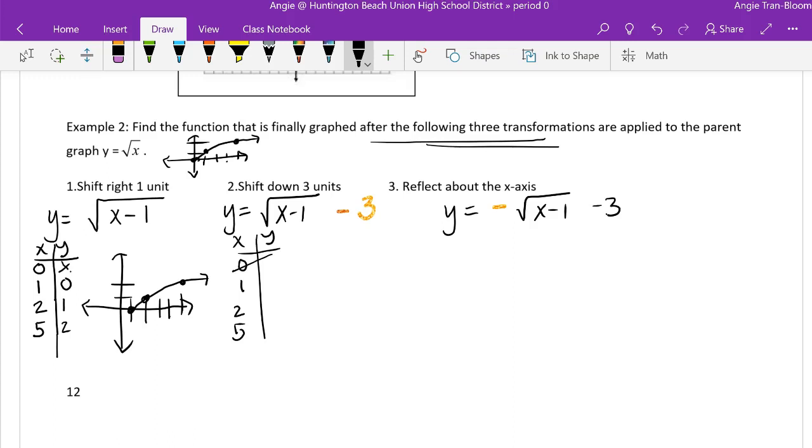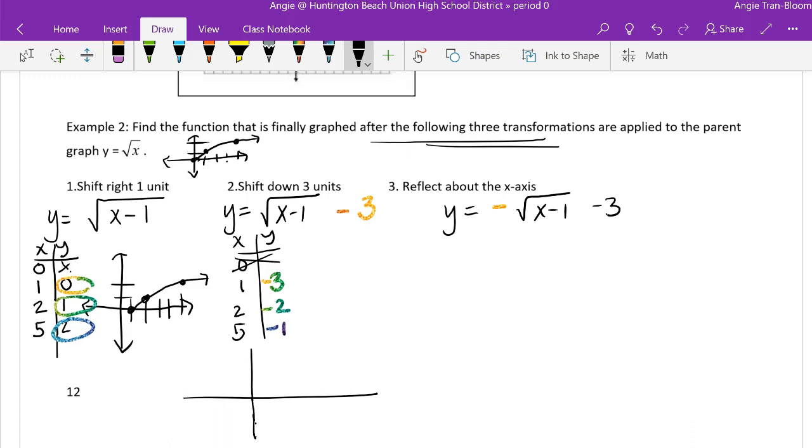Now these are the outputs, but now I need to minus 3, right? Because I need to carry it over. So 0 minus 3 is now negative 3. 1 minus 3 is now negative 2. 2 minus 3 is now negative 1.